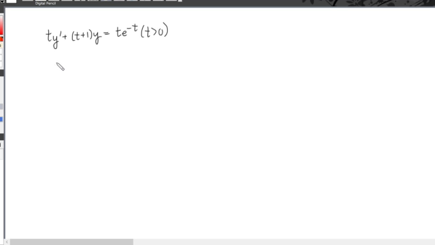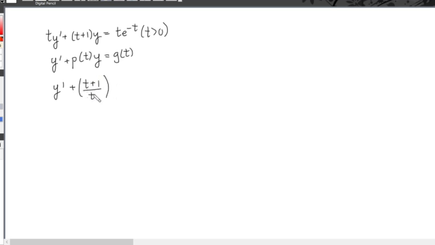So as I mentioned earlier, the general form is just y prime plus p of t times y equals g of t. And since y prime isn't by itself, all we have to do is divide both sides by t, and we get y prime plus t plus 1 over t times y.